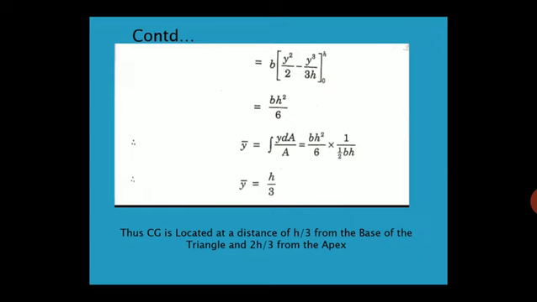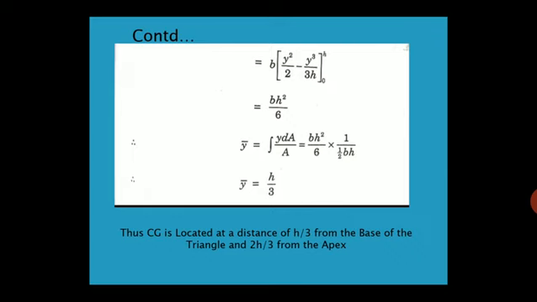If you have an equilateral triangle, say of side 5 meters each, then in that case what will be your CG? As an equilateral triangle is symmetrical about the vertical axis, directly you will get x bar as 5 by 2, that is 2.5, whereas y bar will be h by 3. This is how we need to find the CG of different figures.